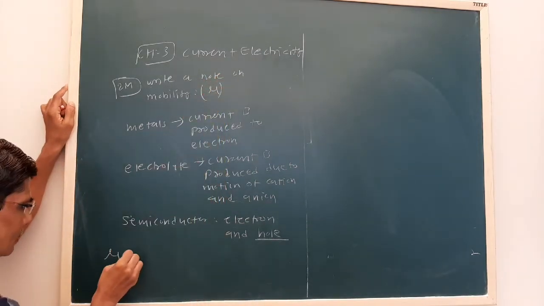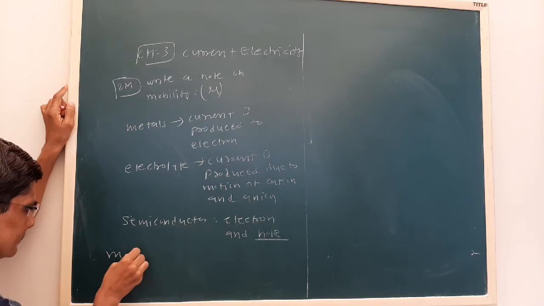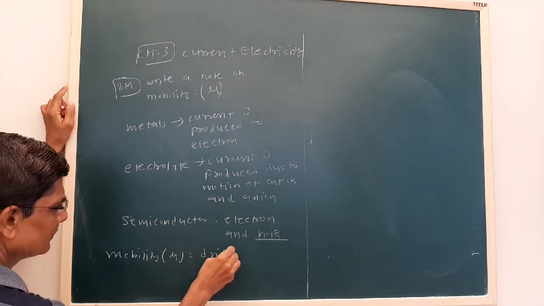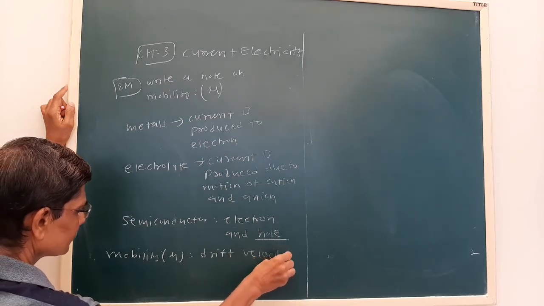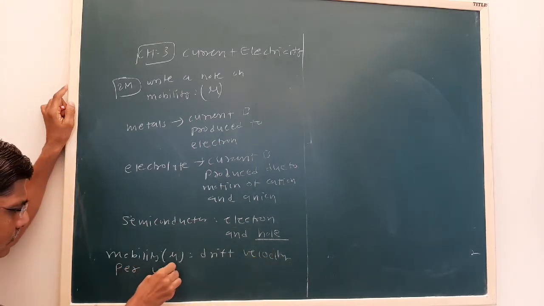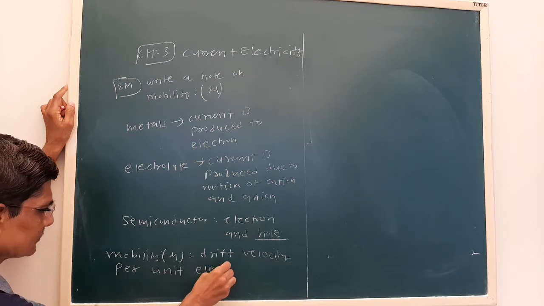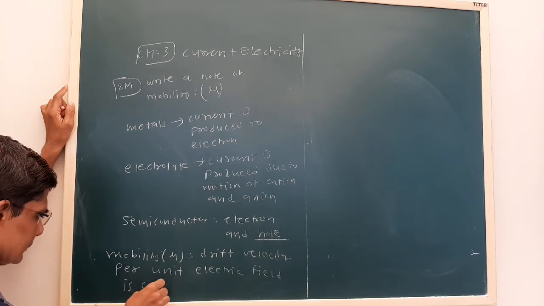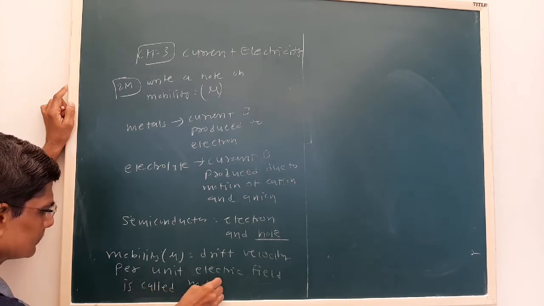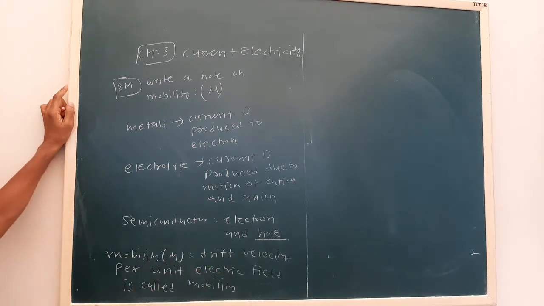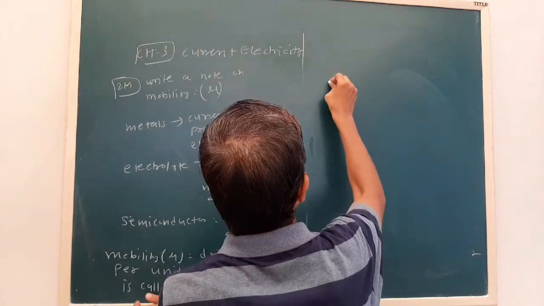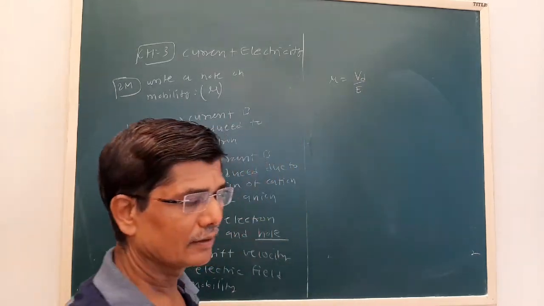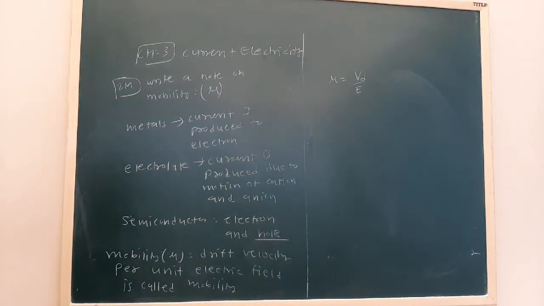Now mobility we define like this: drift velocity per unit electric field is called the mobility.